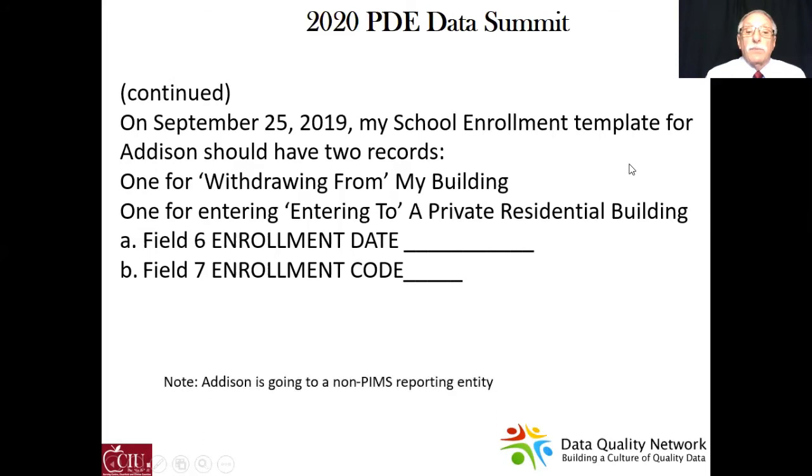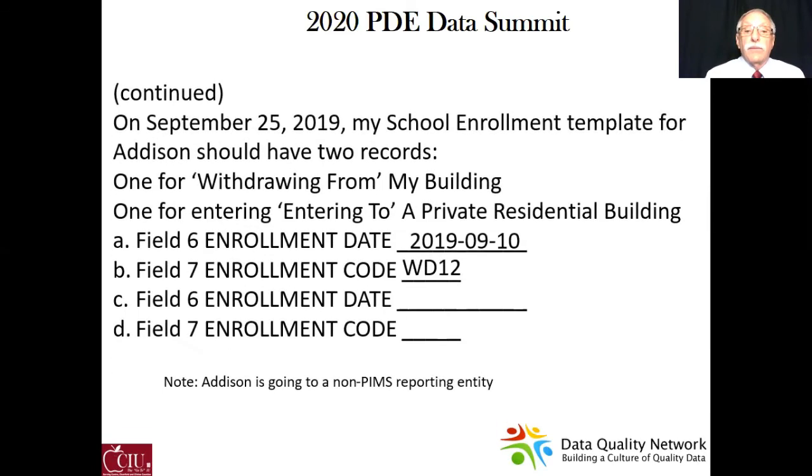So let's look at the one for withdrawing. What are we going to put for enrollment date? We're going to pull that he left us on September 10, and his withdrawal code is WD12. And then we need to show him entering that private residential building. How are we going to do that? We're going to show him with that date of September 11, and then his enrollment in that private residential building is going to be an R12.